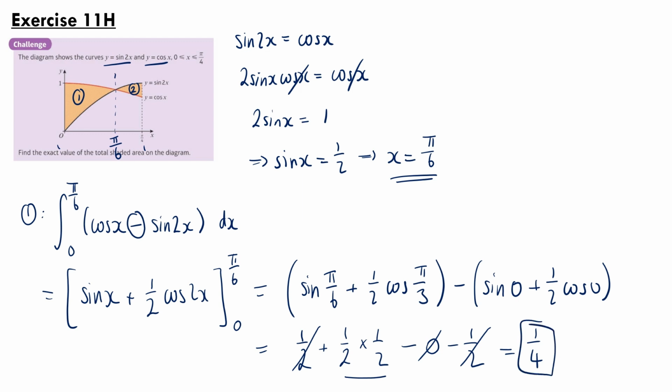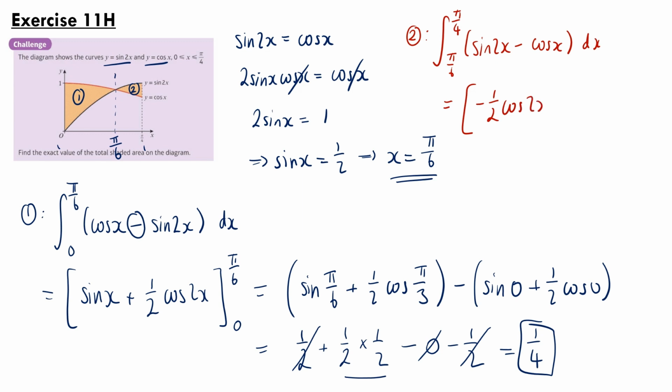And doing a similar sort of thing for the second area, doing the integral this time from pi over 6 to pi over 4. And this time the black curve is on top, so we're doing sine of 2x first, taking away the cos of x underneath. So similar sort of thing, this time the sine 2x is going to integrate to minus a half cos 2x.